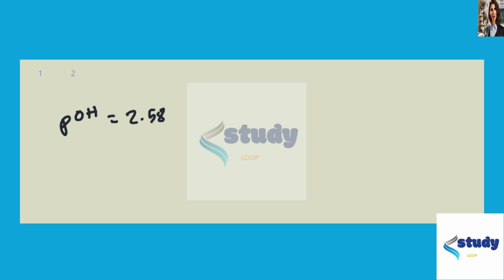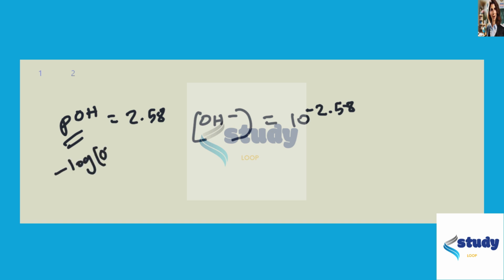That means the OH minus concentration will be 10 to the power minus 2.58, as the pOH means the negative log of hydroxide ion concentration.